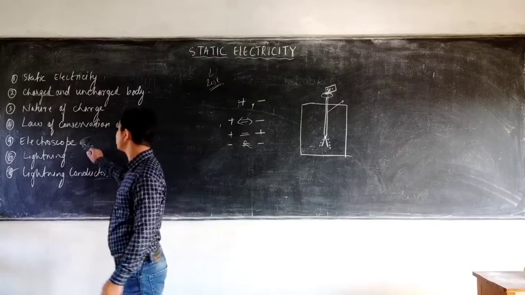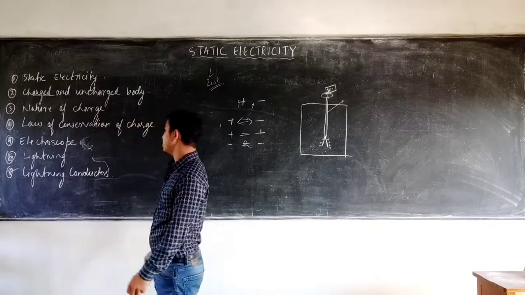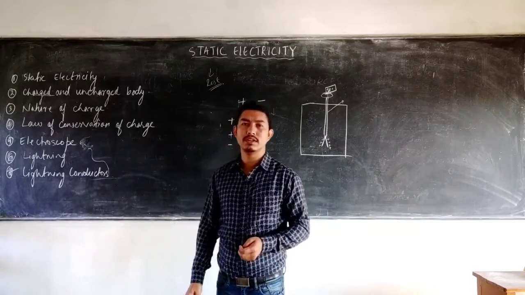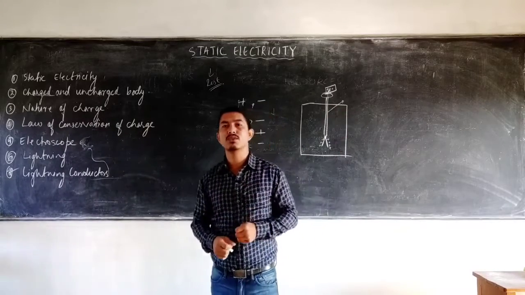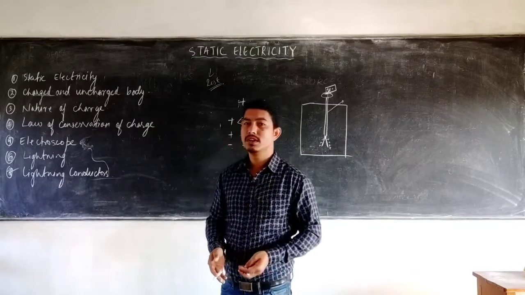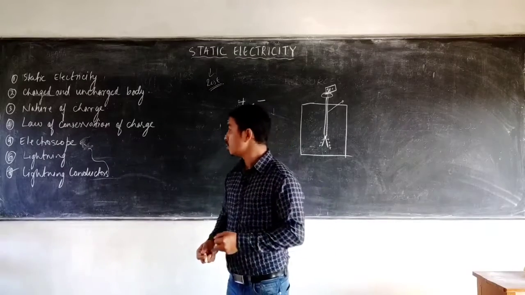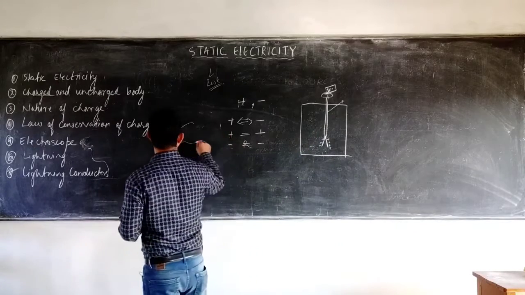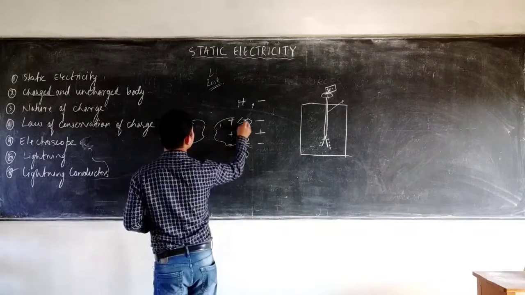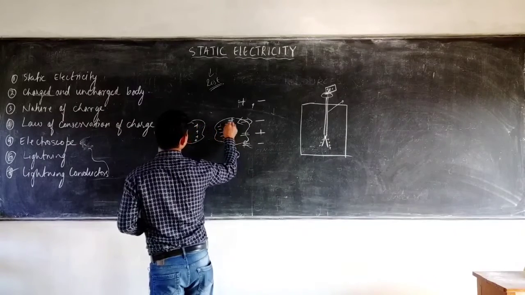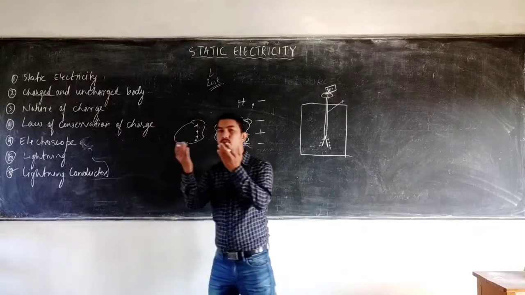So coming to the last two topics, lightning and the lightning conductor. What is lightning? We must have seen on rainy days, when the skies are full of clouds, suddenly we see a flash or spark of light with thunder as well. Lightning is caused when two clouds having opposite charges, one positive and the other negative, come closer to one another.